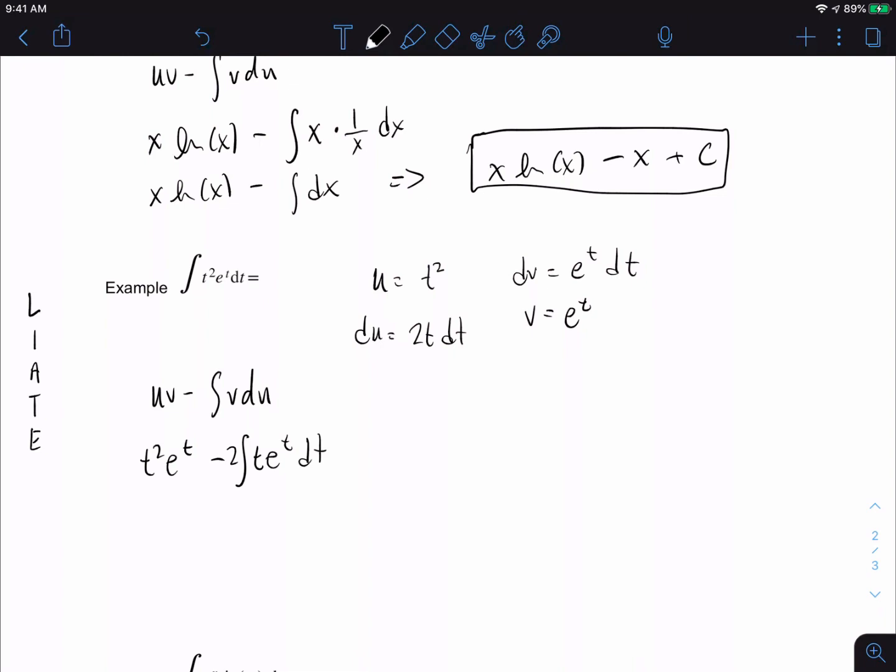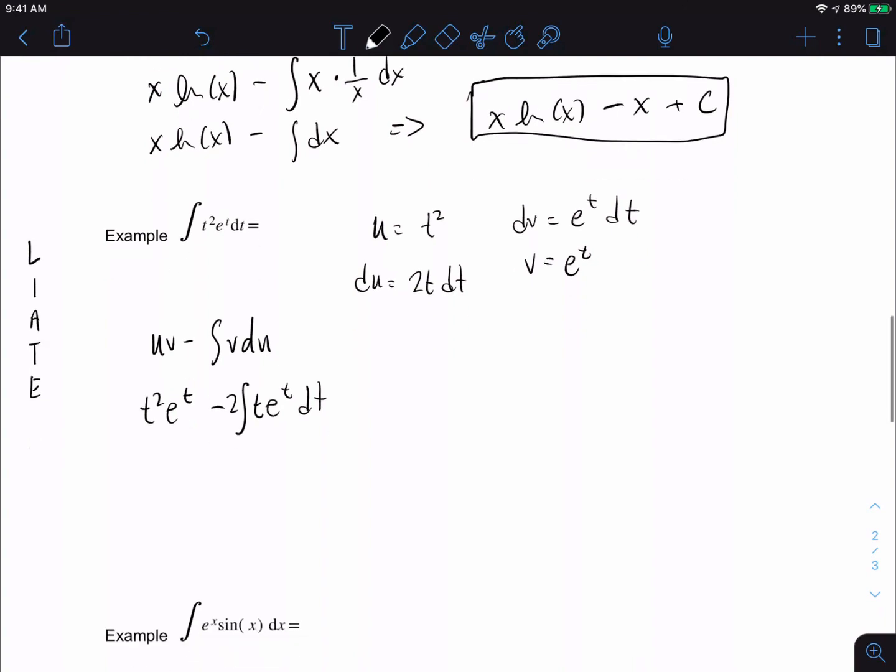What do we notice here? Don't I have a product again? Yes. And since I have a product again, I have another uv to do. So I'm going to have u is t, dv is e to the t.